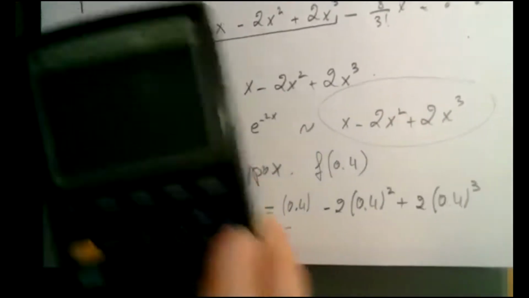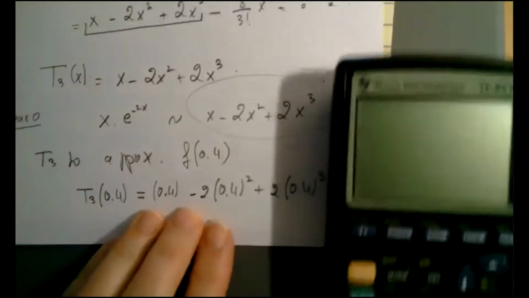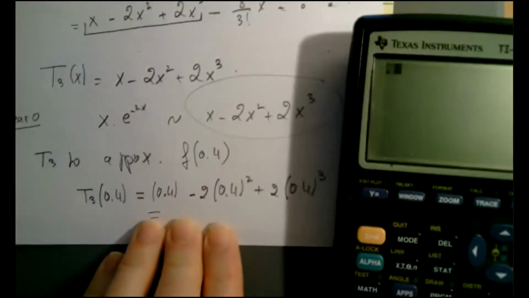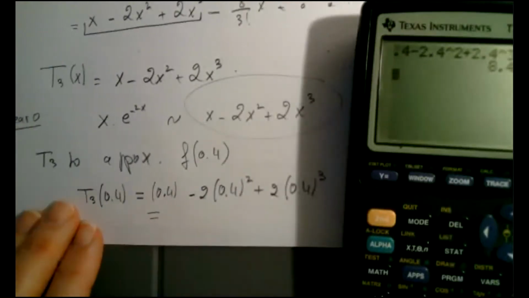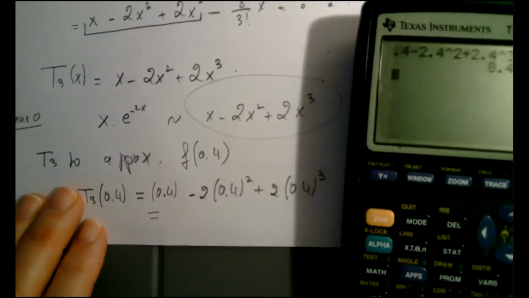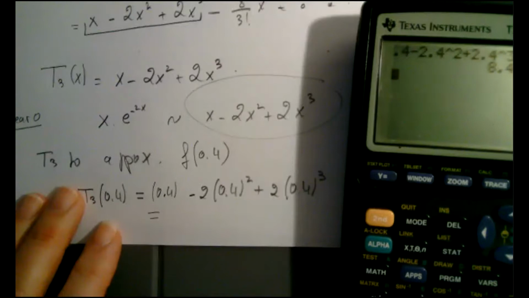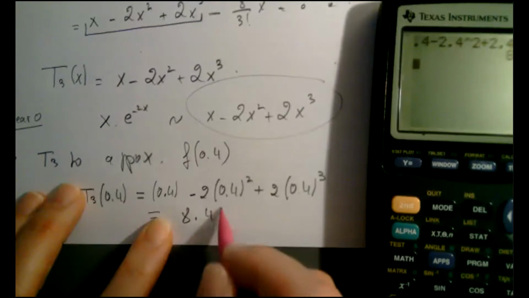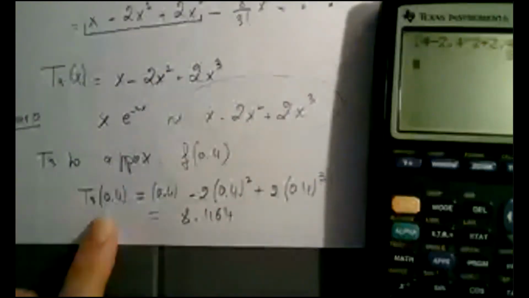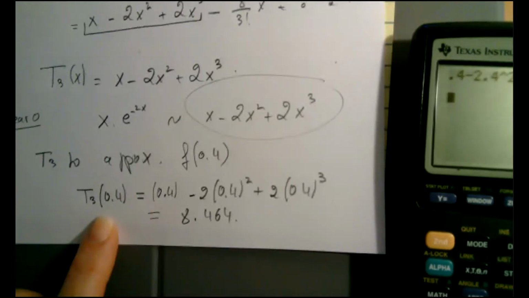So this is where those machines are useful. My calculator, I don't know if any of you is doing it, is giving me 8.464. It seems off though.